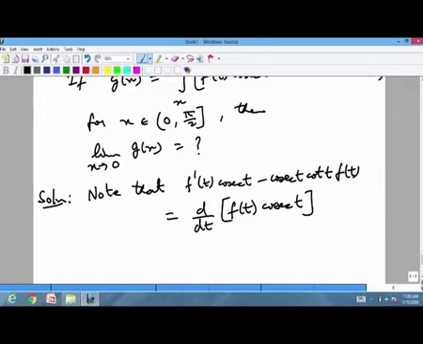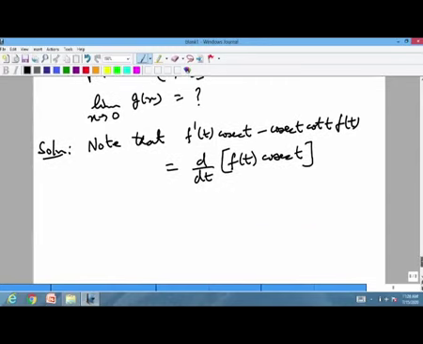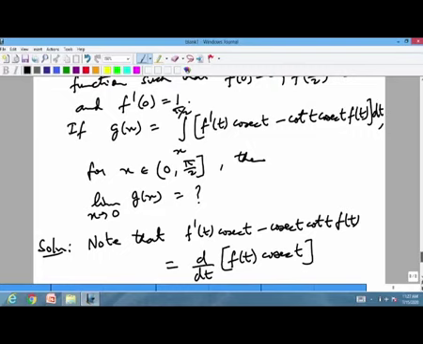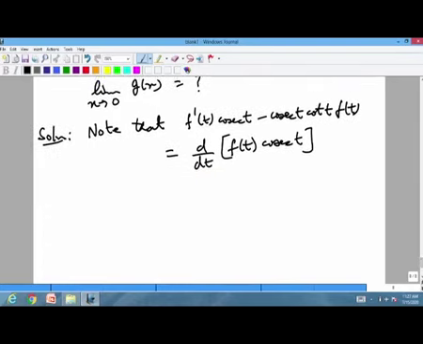Because if we use the product rule for derivative, this gives derivative of f t times cosec t, plus f t times derivative of cosec t, which is minus cosec t times cot t. So, therefore, this g of x is equal to the integral from x to pi by 2 of d by dt of f t cosec t dt.